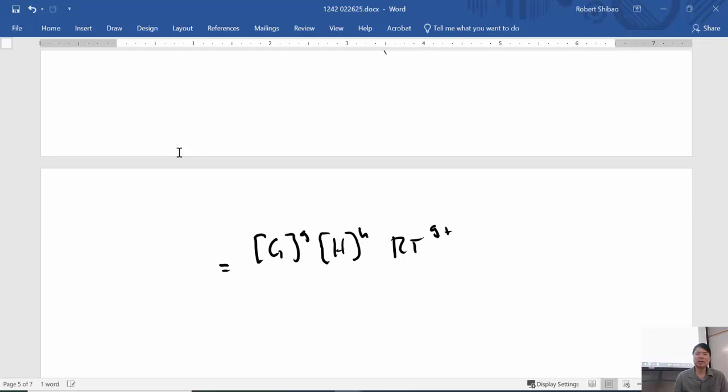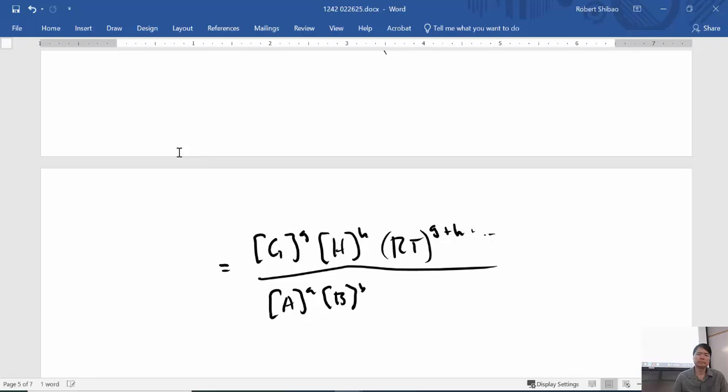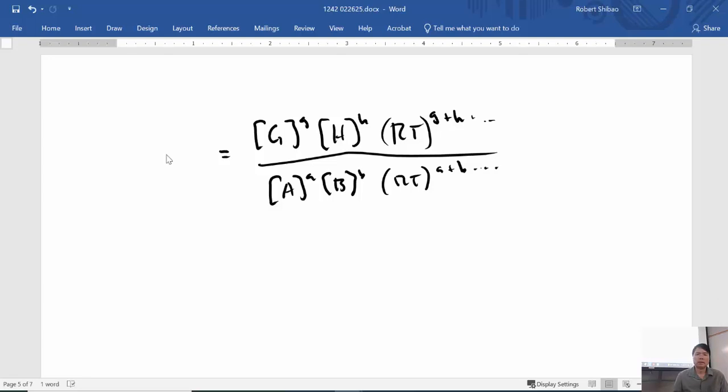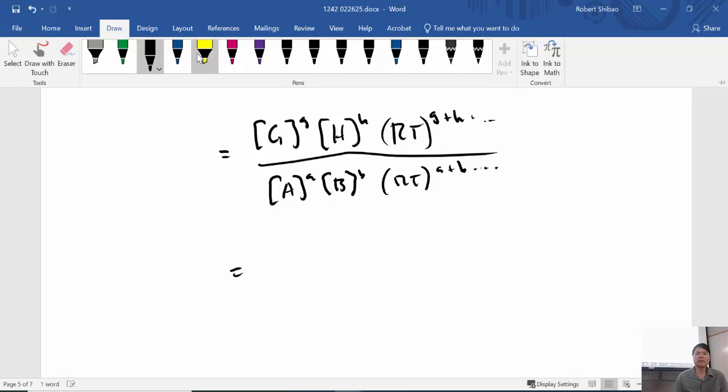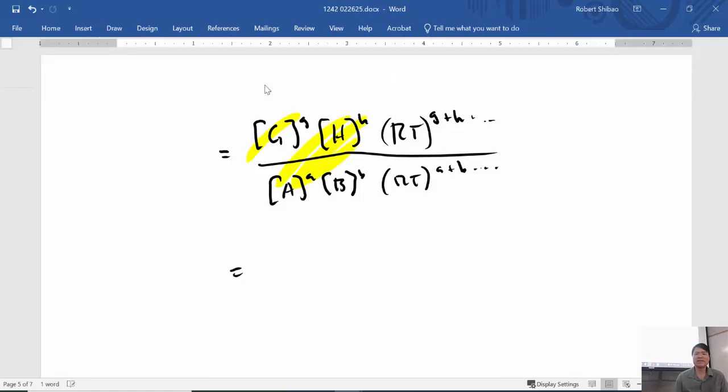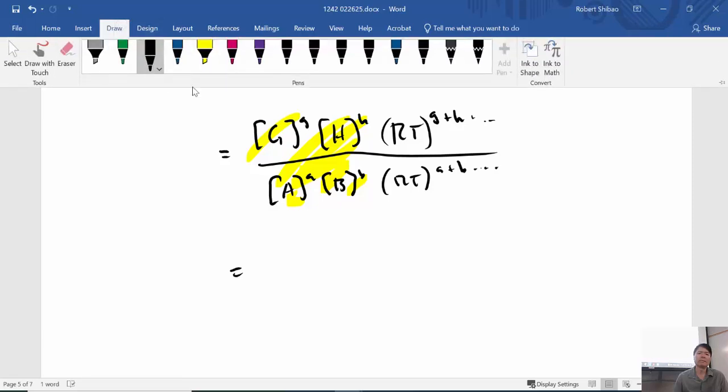So this is G plus H plus dot dot dot, RT term, A plus B dot dot dot. And so you recognize the first part of this. If you look at the first part, do you recognize this? This is just what? That's just Kc.